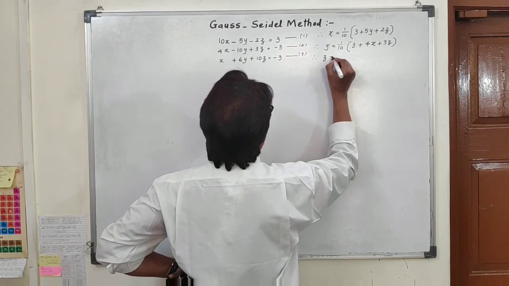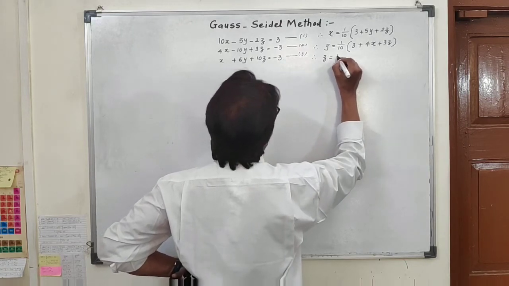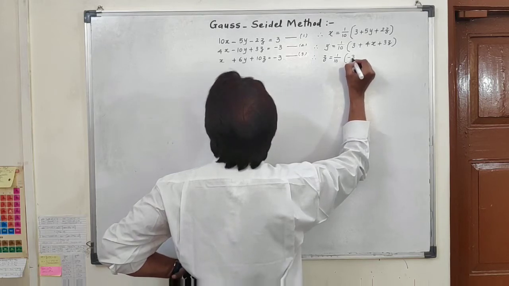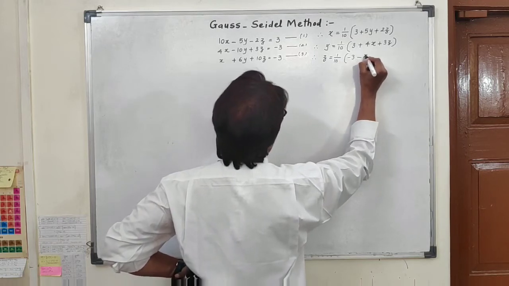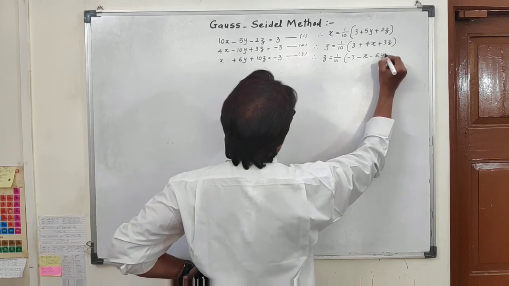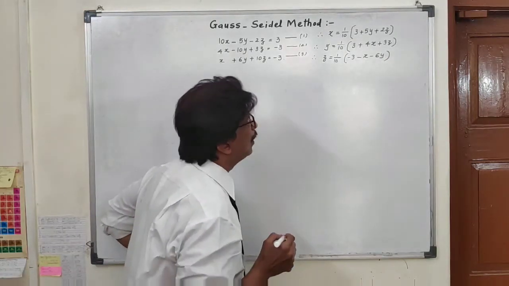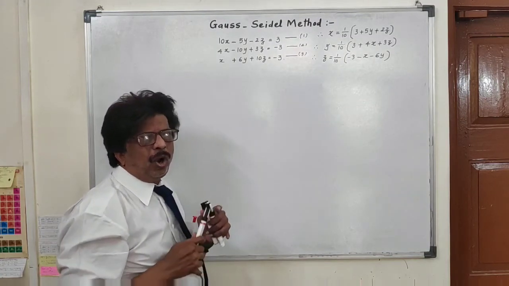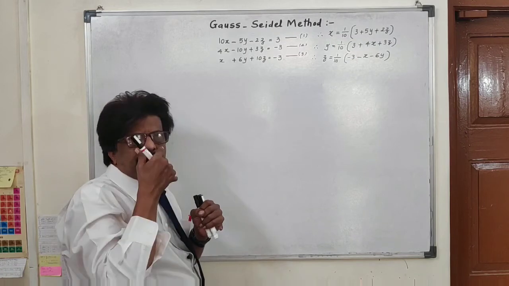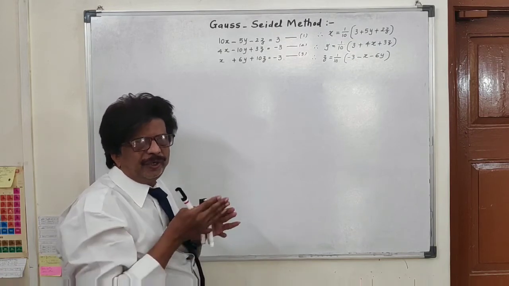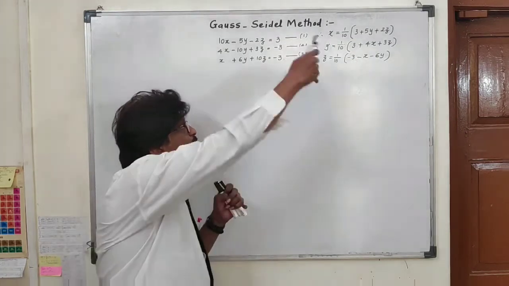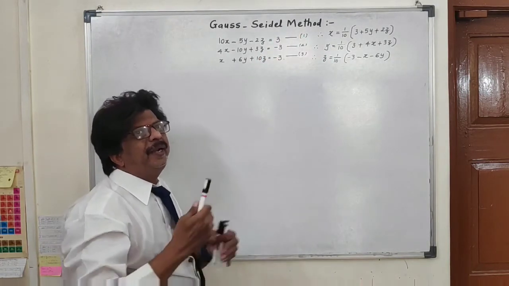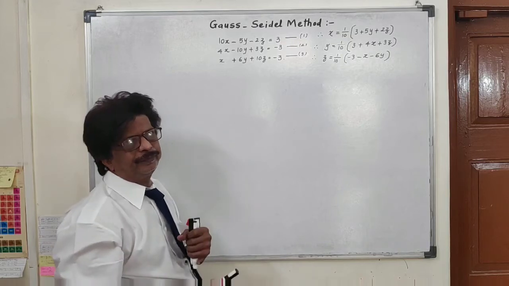It is again 1 by 10 times (minus 3 minus x minus 6y). Throughout our calculations during the process, we are using these three equations for calculating x, y and z iteratively, repeatedly.